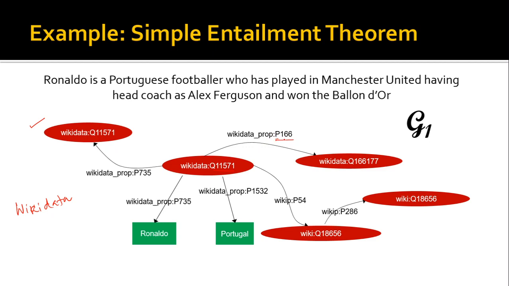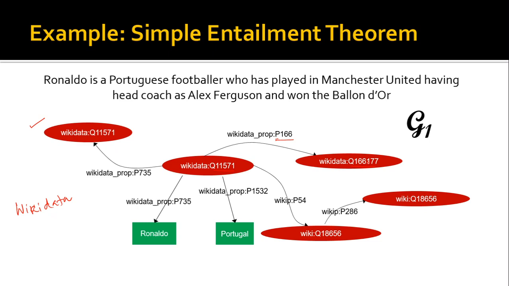Whatever you see that P166, this is the 166th property in Wikidata. But Q is really talking about the resources, right? So this is the 166,177th resource in Wikidata, right?